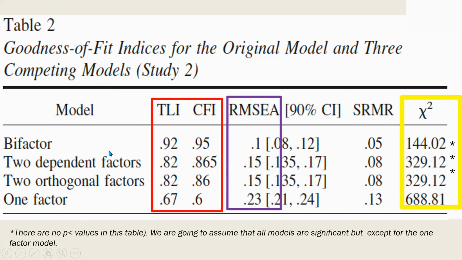Already we see that the bifactor model has a TLI and CFI relatively close to 0.95, which is what we want there. The RMSEA is much closer to 0 than the others, and then the chi-square. So these are all the considerations that you need to interpret whether or not it's a good fit.